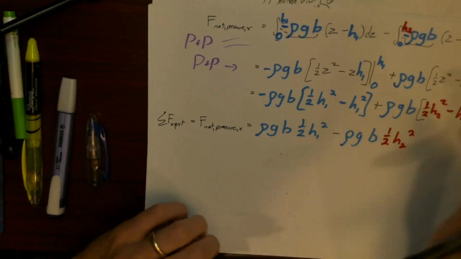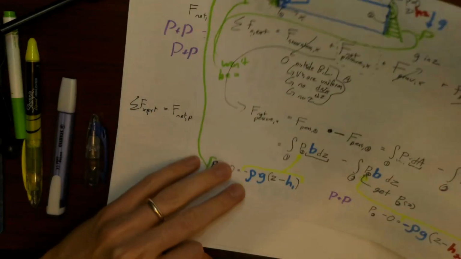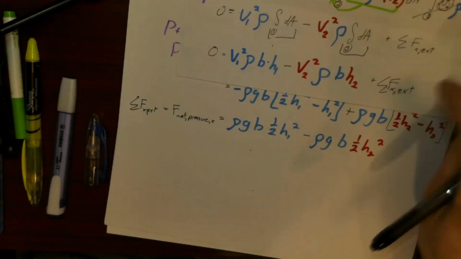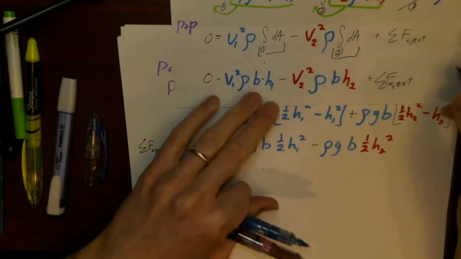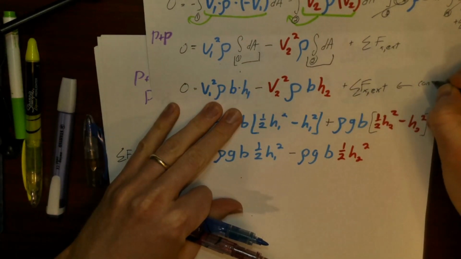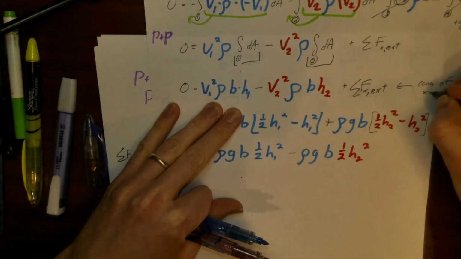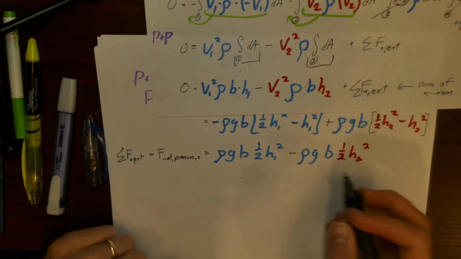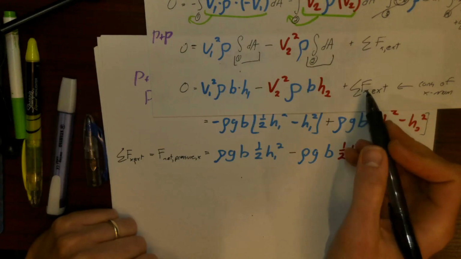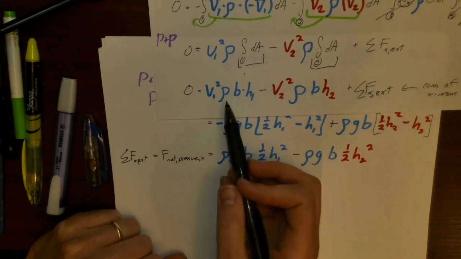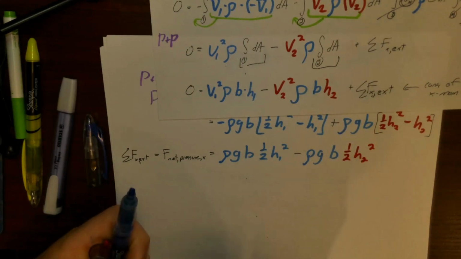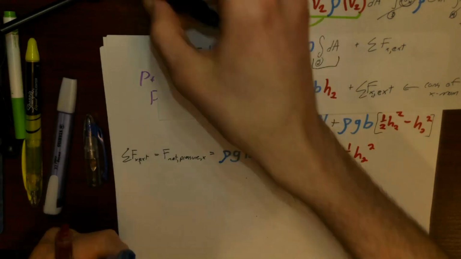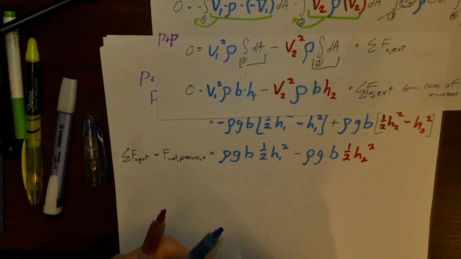We can now take this and plug it into this result, this F external forces that we got from conservation of X momentum. We can plug that in here, and then we'll have an equation entirely in terms of known constants, V2s and H2s. Awesome. So let's go ahead and do that.